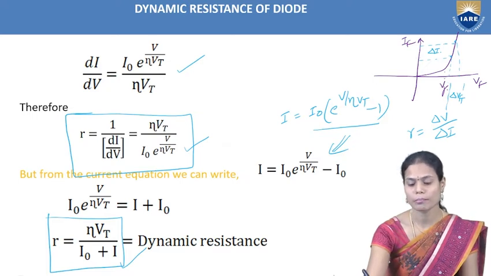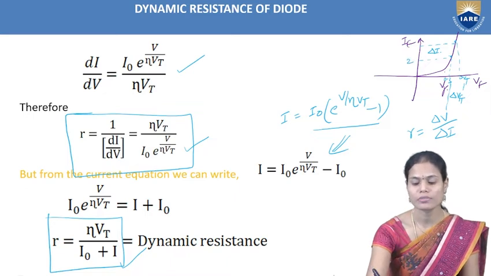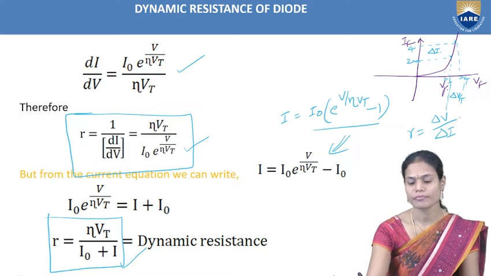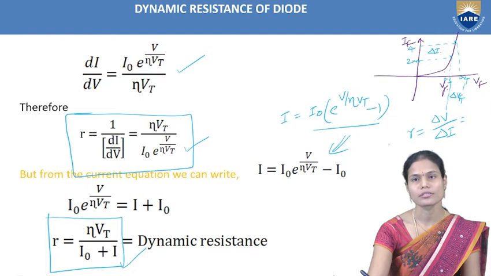Suppose this is 0.3 and this is 0.4, and here it is 2 milliamps or 4 milliamps. The difference of these two currents as well as the difference of these two voltages will give the dynamic resistance value.